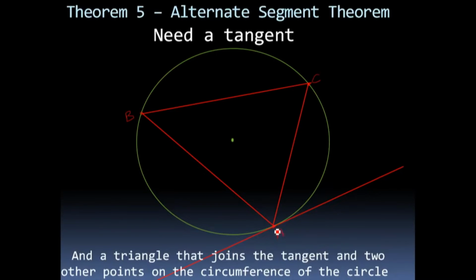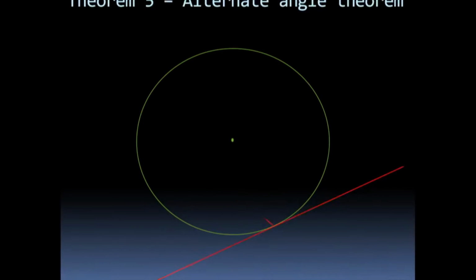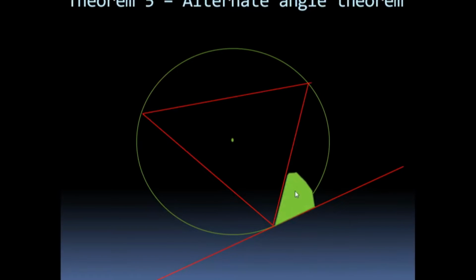So what is this theorem about? Well, let's move on to see what it's telling us. This angle here, that is between the tangent and this side of the triangle, we call it a chord.